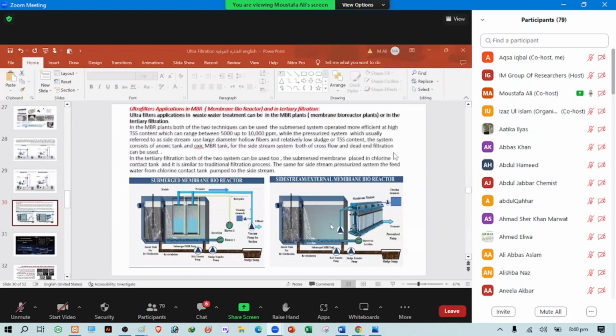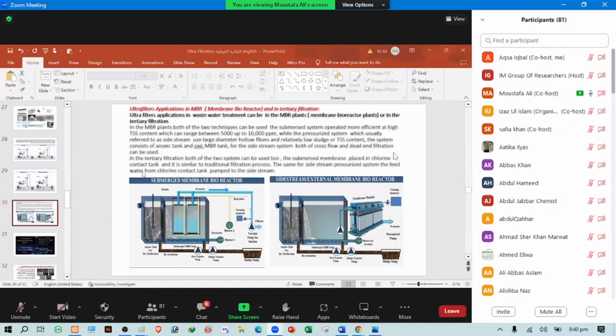So this is in general for the MBR application. If we consider tertiary filtration, it's just a filtration process as we explained for particulate removal, or any other filtration process for fresh water, drinking water, or desalination feed. I hope this point is clear.